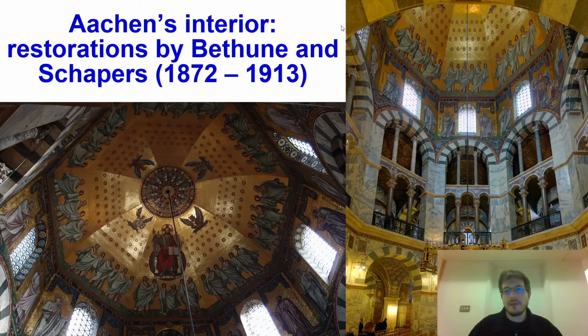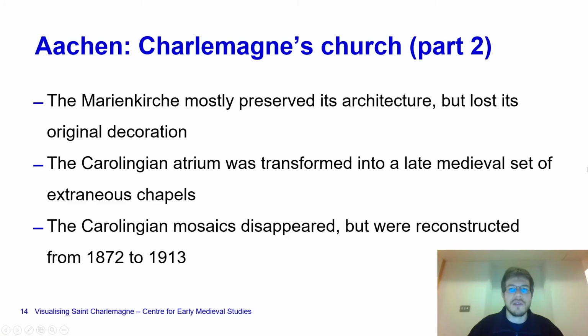This part, called a tambour, does not follow at all what we know about the medieval program, so this can be safely ignored. And the same applies to these beautiful mosaics you can see here, so not everything is exactly as a historian or art historian would want to have it.